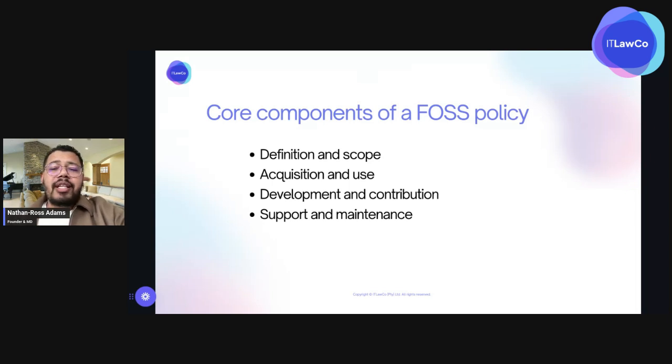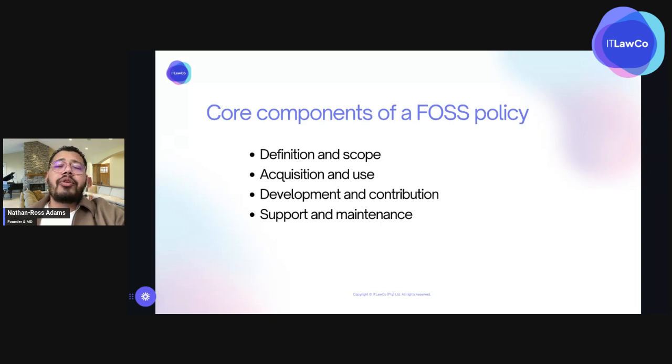And then from a scope perspective, you'd really specify which departments or projects the policy applies to. Now, this is key because you'd think typically that it would be only your software development team that would need to follow this policy. But essentially, it should be applying to all of your employees, because from a risk perspective, often with free and open source software, it's very difficult to control licensing or determining whether an employee is using FOSS software.